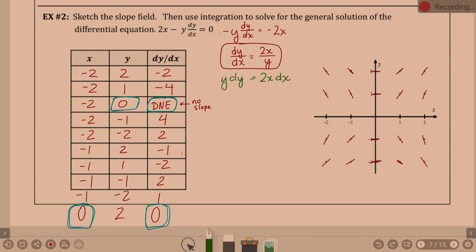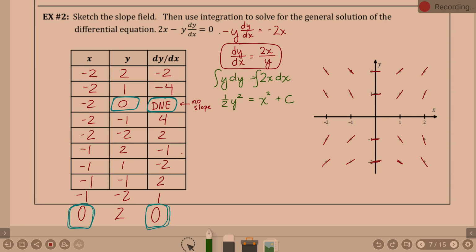Okay. Integrate. Integral of y is y squared: add 1 to the power, divide by the new power. Integral of 2x: add 1 to the power, it's 2. Divide by the new power, 2 divided by 2 cancels.